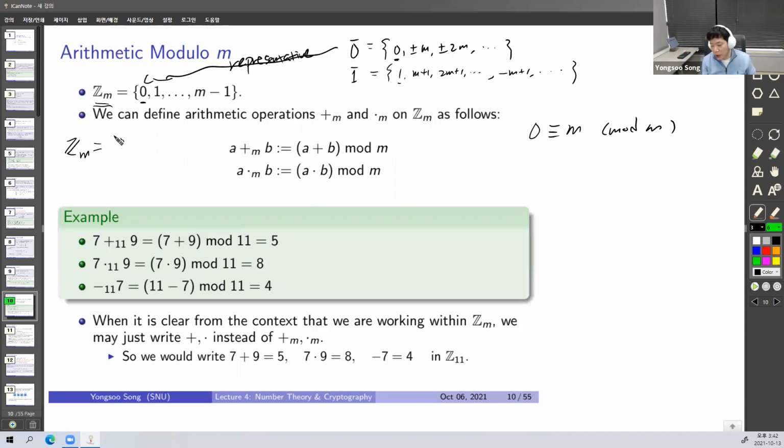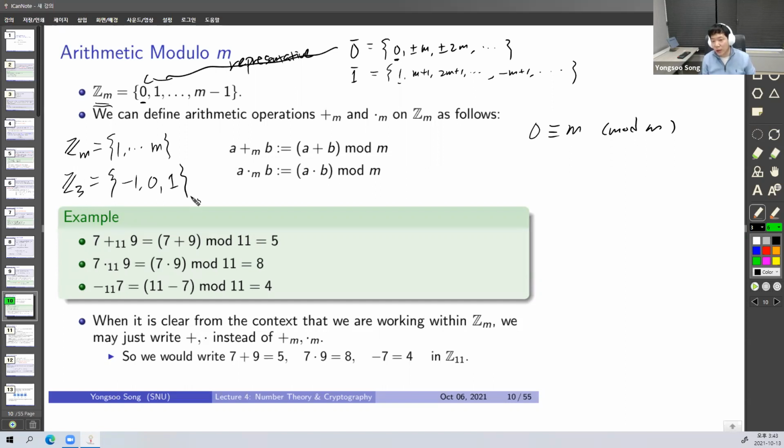For example, you could use m instead of 0. That's totally fine. Or sometimes, for efficiency reasons, we use a signed version of the Z_m representation.